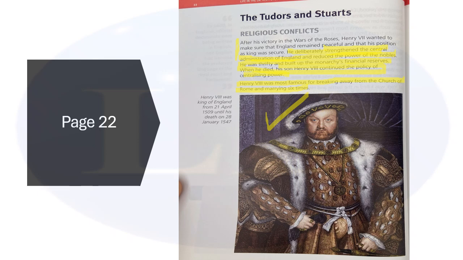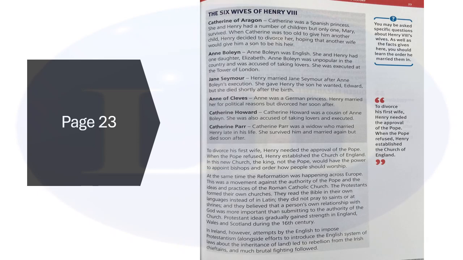So he broke away from the church so that he could marry, because he wanted a son, basically. So that's why. So we will look at that. So the 6 wives of Henry VIII. This is an extremely important topic, and you will always have a question about that. Right. So why did he want to marry? Because he wanted to.